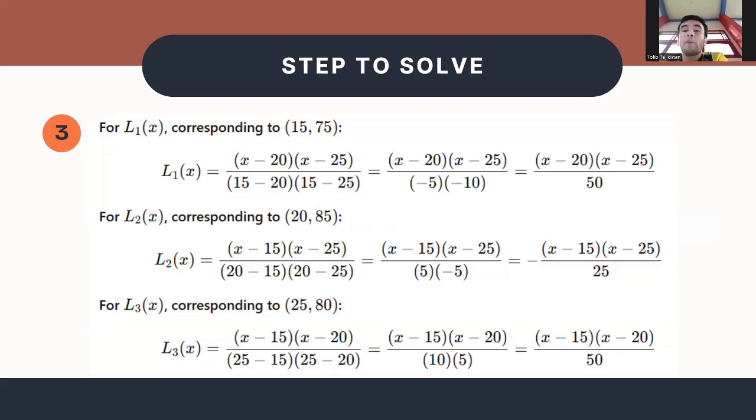Then for the next Lagrange polynomial basis point, we substitute the day and passengers into the second formula.